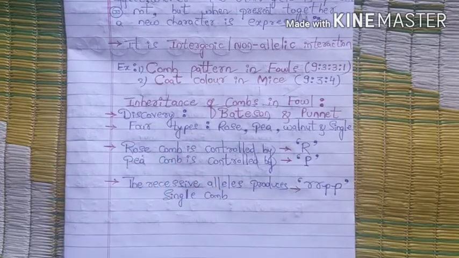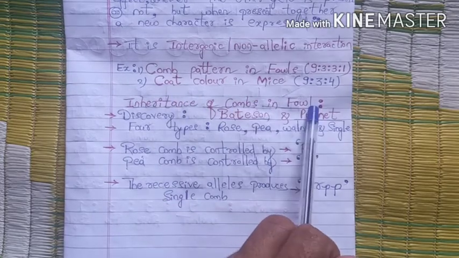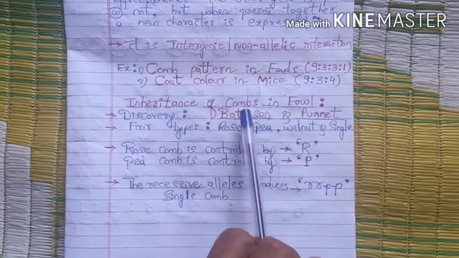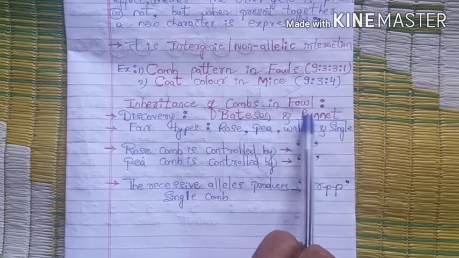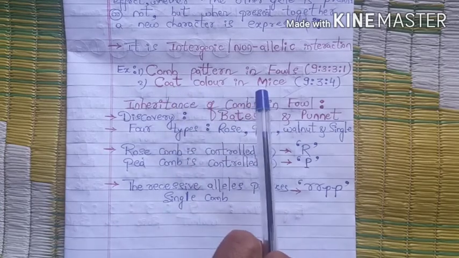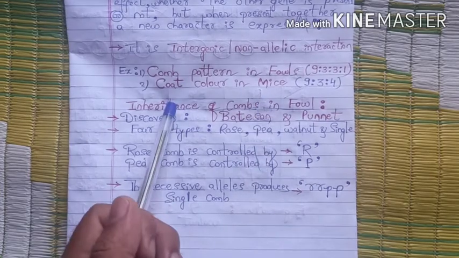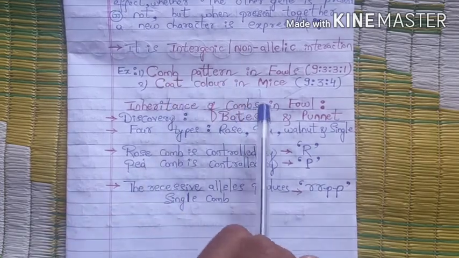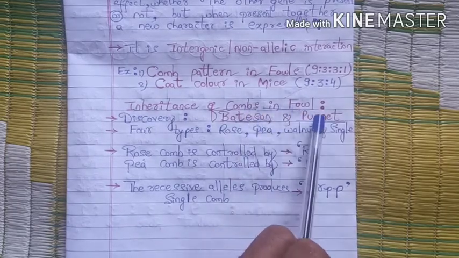This inheritance of comb in fowl was discovered by Bateson and Punnett. We know that the laws of inheritance were discovered by Mendel. Similarly, the inheritance of combs in fowl was discovered by two scientists, Bateson and Punnett.